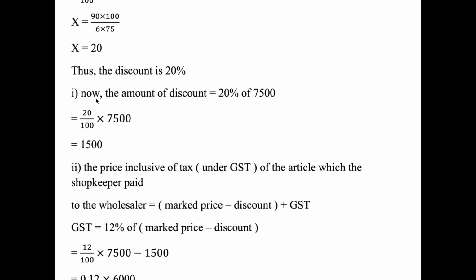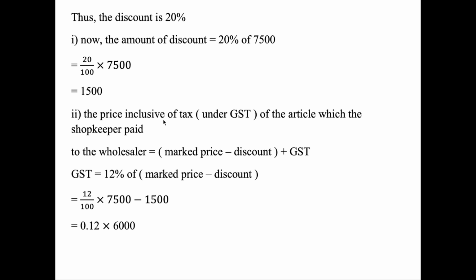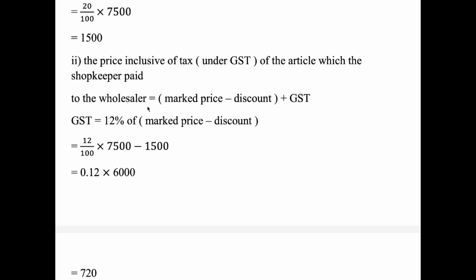Now come to number 1, the amount of discount is 20% of 7500, that comes to 1500. The price inclusive of tax under GST of the article which the shopkeeper paid to the wholesaler is the marked price minus discount plus GST. So GST is 12% of (the marked price minus discount), that is (7500 minus 1500) into 12%.